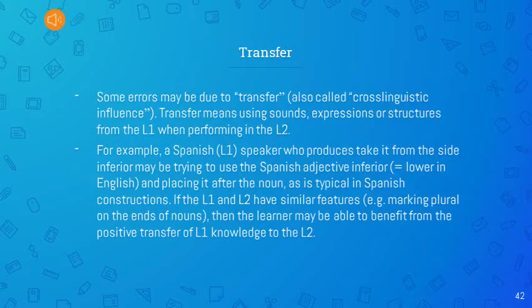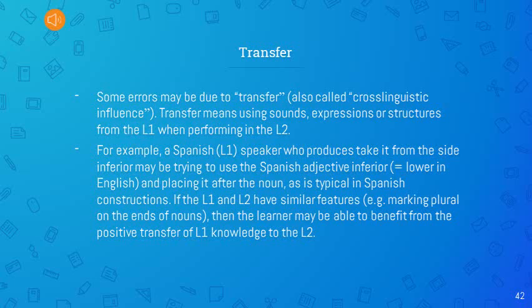Transfer. Some errors may be due to transfer, also called cross-linguistic influence. Transfer means using sounds, expressions, or structures from the L1 when performing in the L2. For example, a Spanish L1 speaker might produce "take it from the side inferior," maybe trying to use the Spanish adjective inferior, lower in English, and placing it after the noun as is typical in Spanish construction.